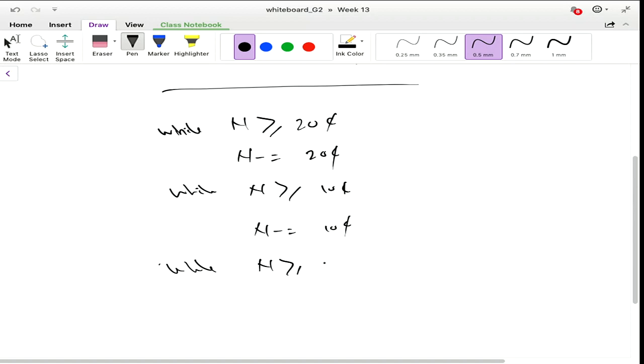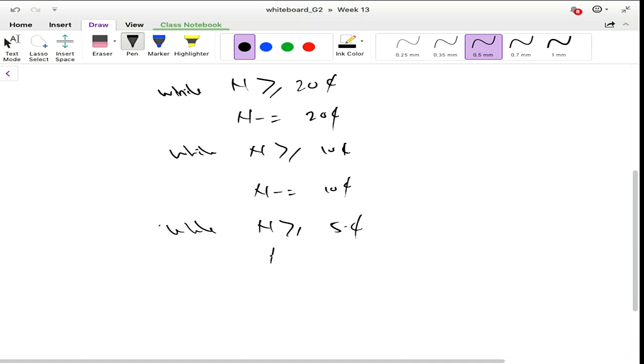While n is greater than or equal to 5 cents, then I can take away 5 cents. And finally, when everything else is already done, for as long as my n is still at least 1 cent, I'm going to take away 1 cent.